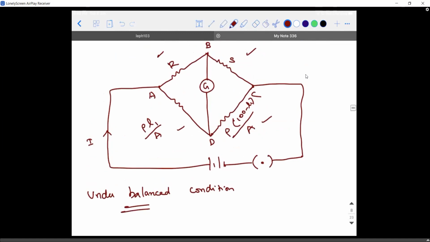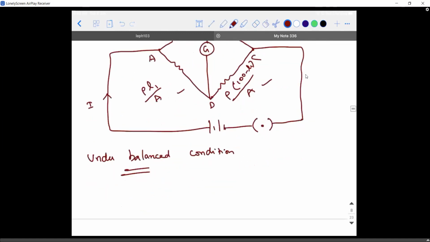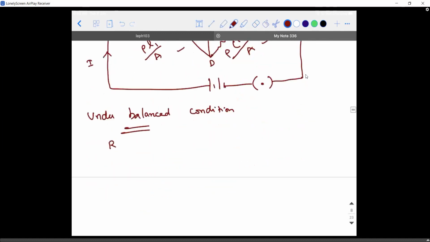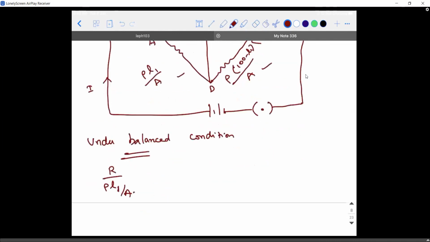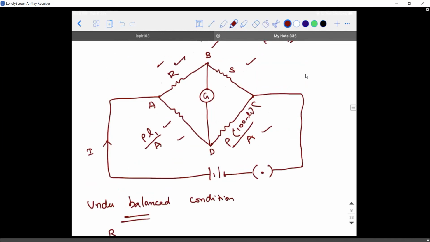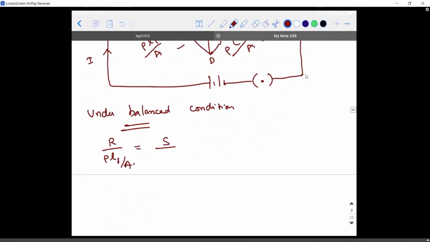Isn't it that the ratios of the resistances are in proportion? So under balanced condition, R divided by rho into L1 divided by A, that is this resistance divided by this resistance, is the same as S divided by rho into 100 minus L1 divided by A. So rho and rho will get cancelled, A and A will get cancelled, which implies R is equal to S divided by 100 minus L1 multiplied with L1.